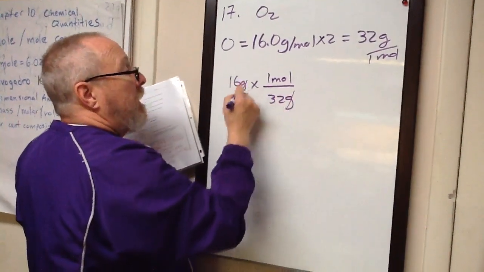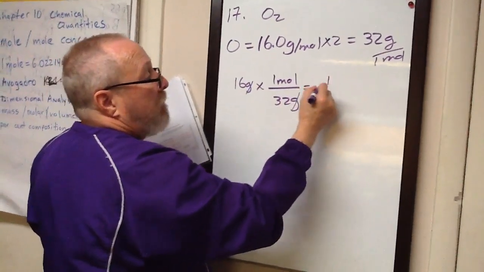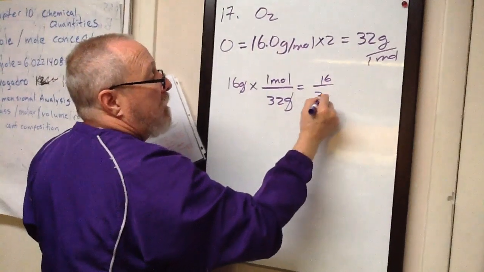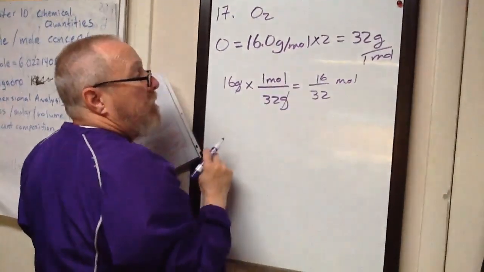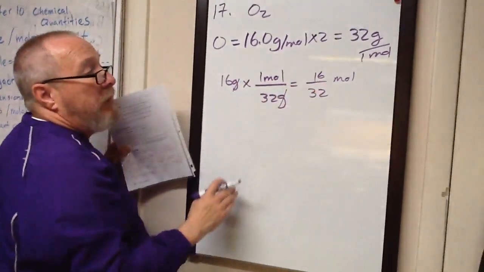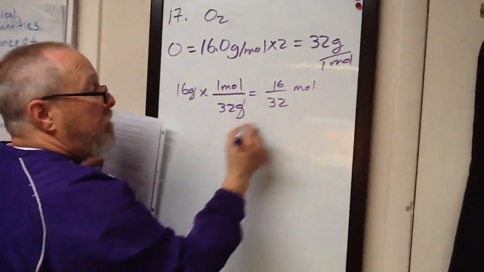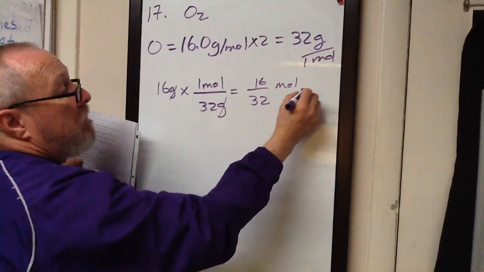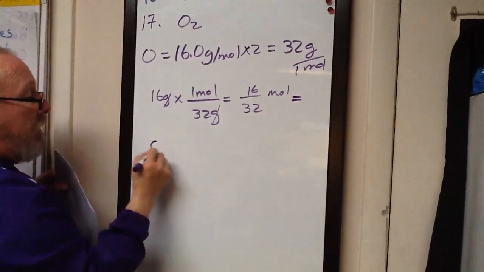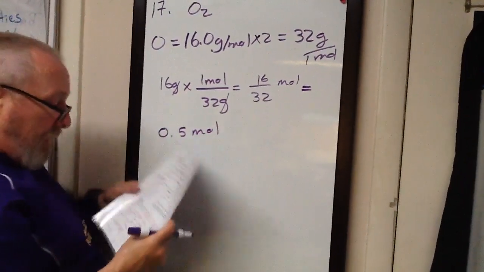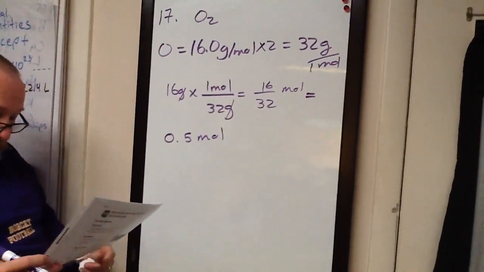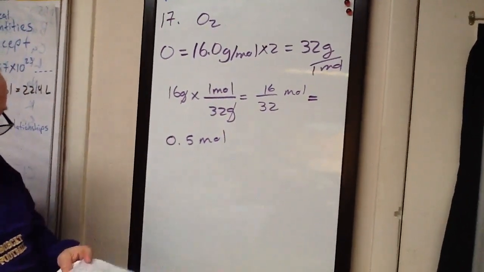Now my grams cancel, and I have 16 divided by 32. Mole is my units remaining, 16 times 1, but that's understood. So my answer is equal to 16 divided by 32 is 0.5 mole. Okay? And then the next question kind of extends this.